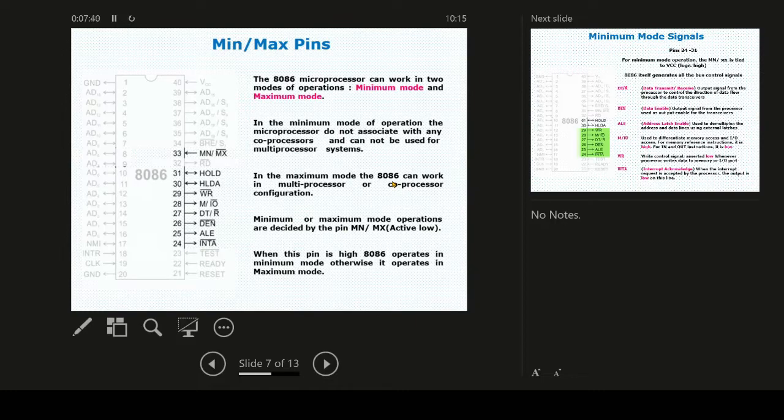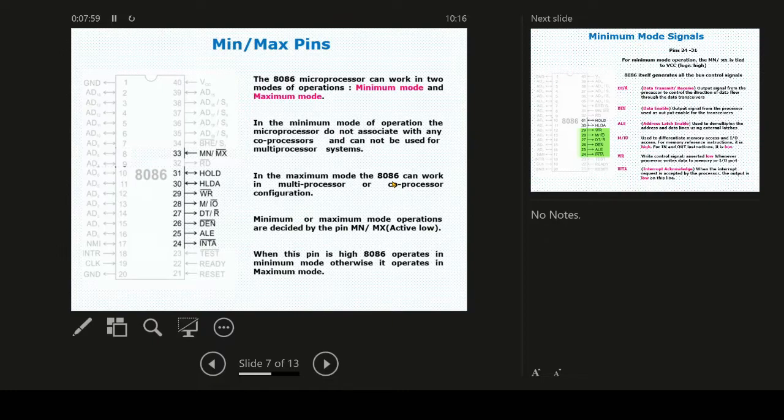Okay, thank you, Shashwata. So until now we were talking about the common pins, which work in both minimum and maximum modes. But now we're going to talk about the minimum and maximum modes the 8086 microprocessor takes.